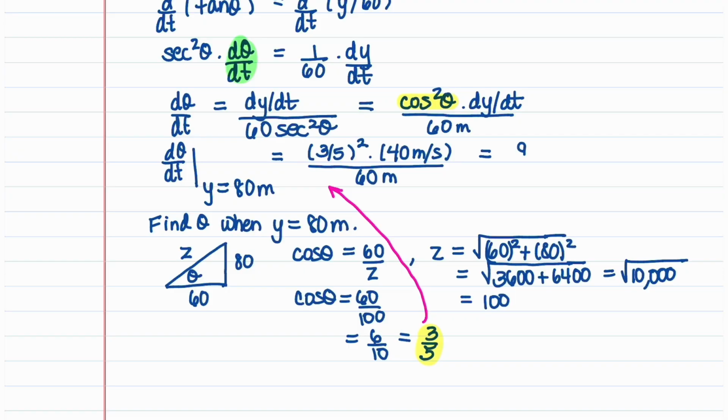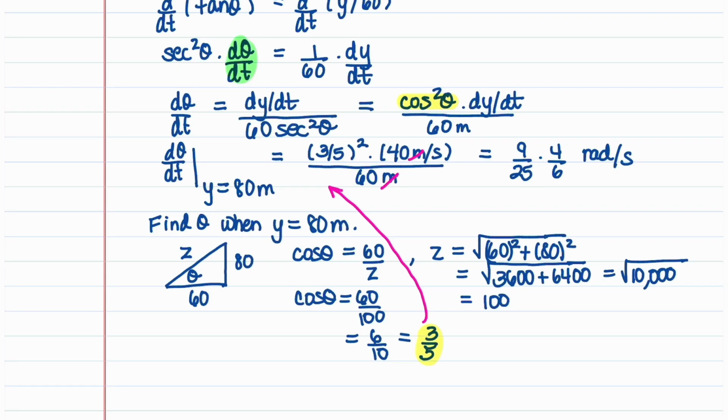So we have 9 over 25 times 4 over 6. Now, here is something super important. We have to think about units. Because theta is an angle, the rate of change of our angle is going to have units of radians per second. Because the meters here canceled out.